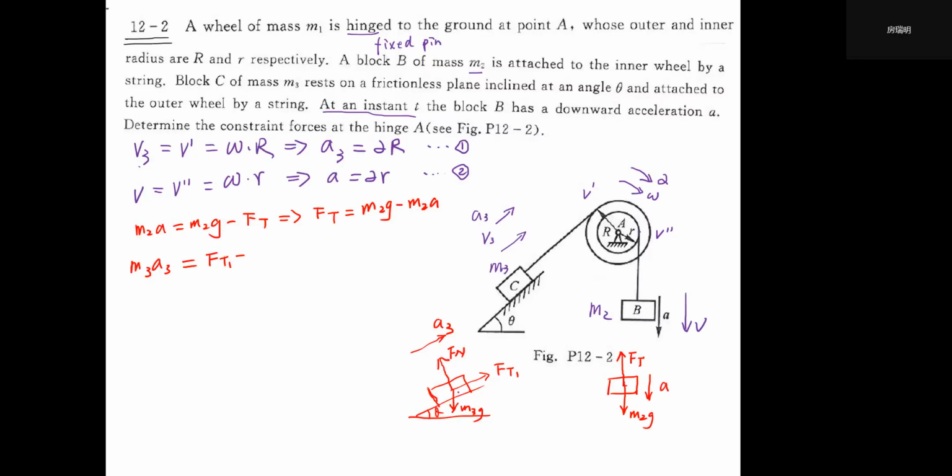If this angle is always theta, then m3 g cosine theta is perpendicular and along this direction we have m3 g sine theta. So from this you can find Ft1 equals m3 a3 plus m3 g sine theta.